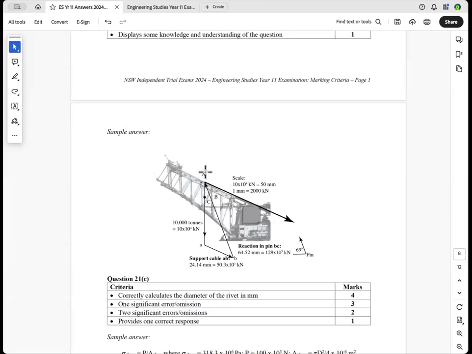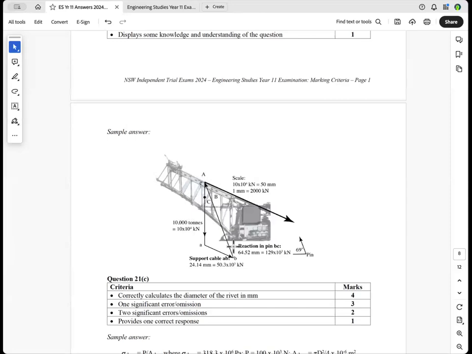So I've got A around there, B there, and C there. And just do a force diagram using a scale. Some of you got the scale wrong, and it was probably because there were quite a few zeros here.